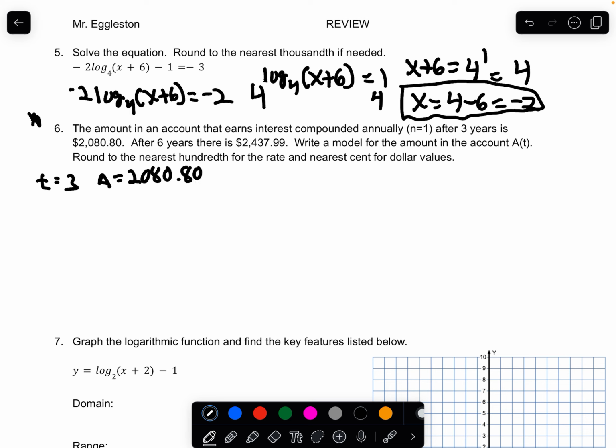Then they say after 6 years, so t equals 6, the amount in the account is $2,437.99.